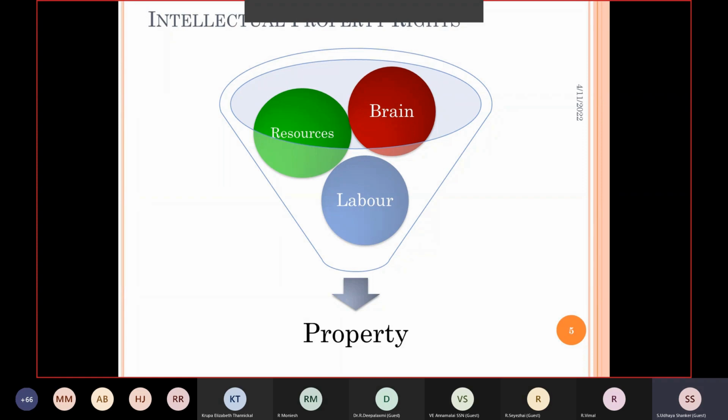So you can ask why you are always emphasizing property. Car is my property, land is my property. How are you considering my knowledge as a property? Because for every business you need knowledge. You are applying your knowledge. Without applying knowledge, you cannot do any business or any innovation in the world. Correct?